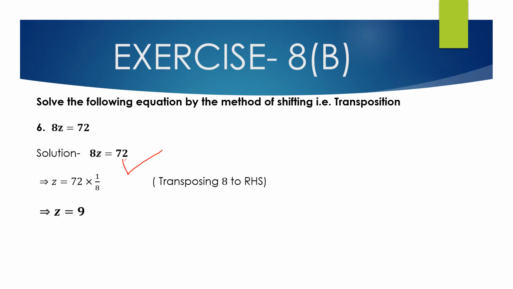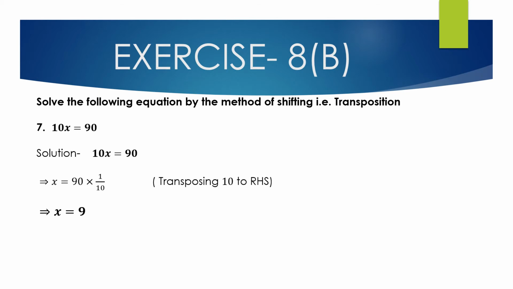So z equal to 72 multiplied with 1 divided by 8, or 72 divided by 8. Z equal to 72 divided by 8 and 72 divided by 8 is 9. Now we get z equal to 9. So value for the variable z is 9.